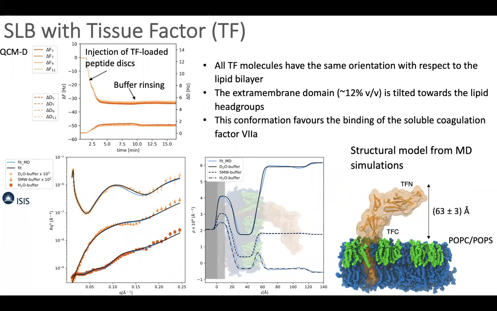I'm not going to show you data on this because of lack of time, but we also then observed that this conformation is actually quite important for this protein to bind the soluble coagulation factor 7A and is therefore fundamental for the biological function of this membrane protein.